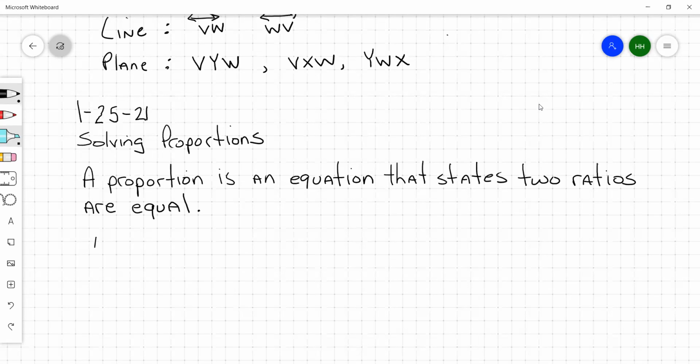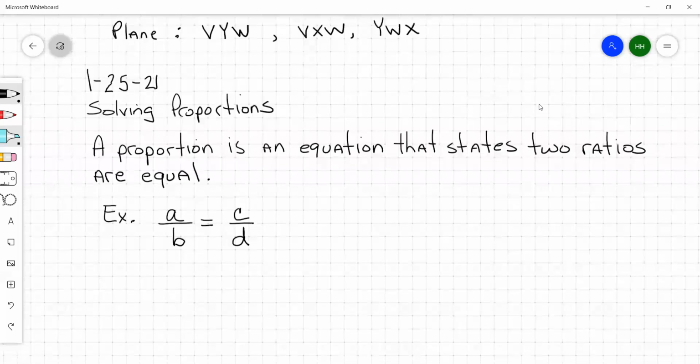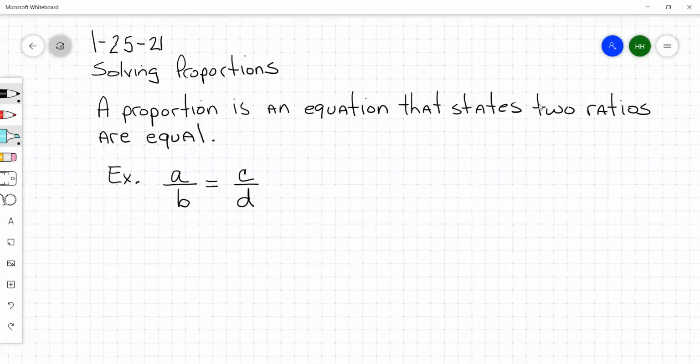All right, an example of that would be A over B equal to C over D. That is a proportion, one fraction equal to another fraction.